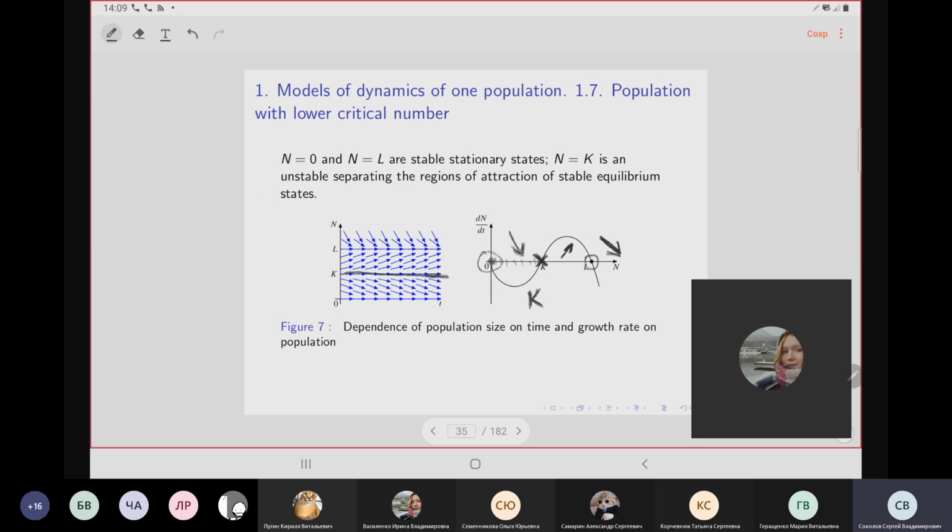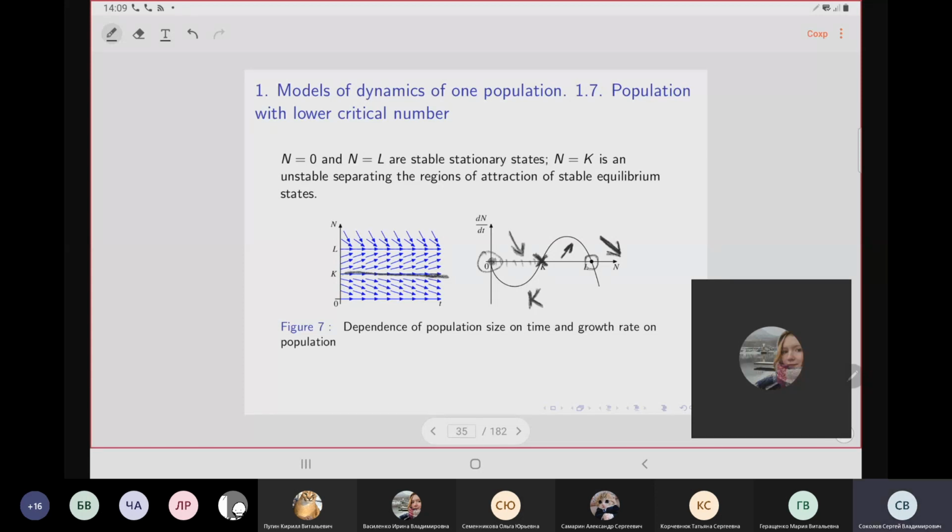So we are trying to protect these populations. We restrict hunting. We are trying to make some protected areas for these animals. But if the population drops below the lower critical number, it means that the population itself is vanishing.